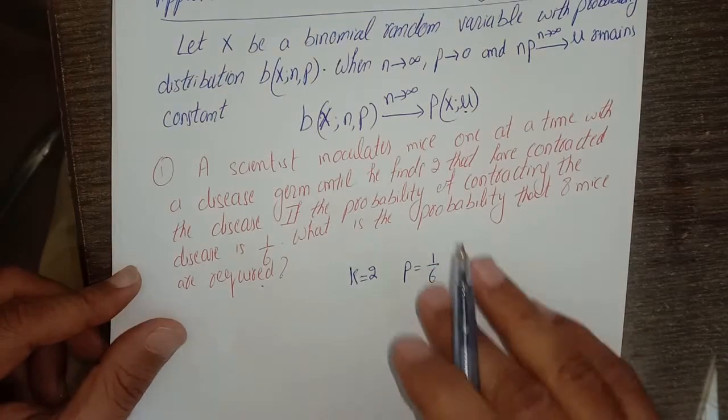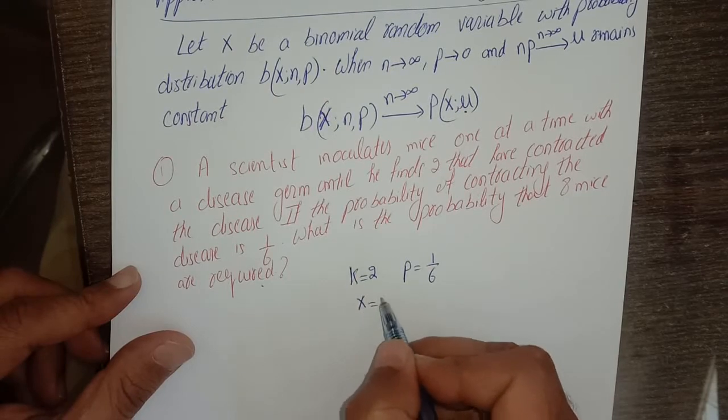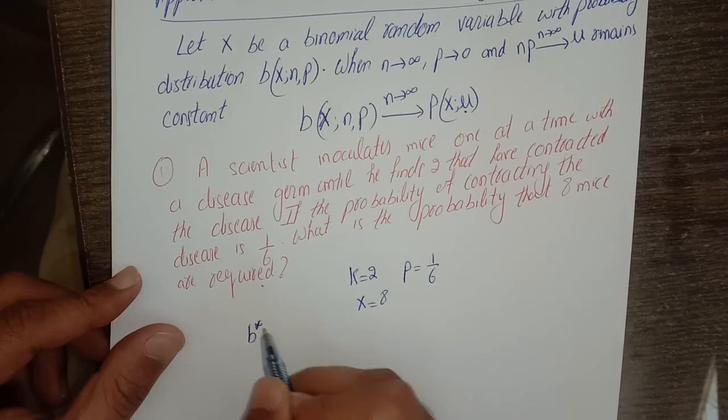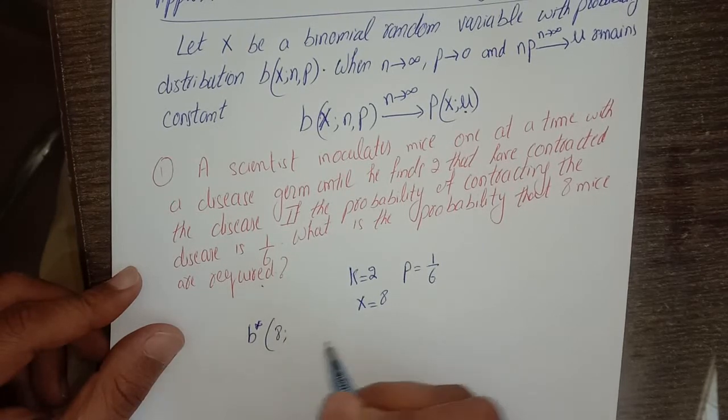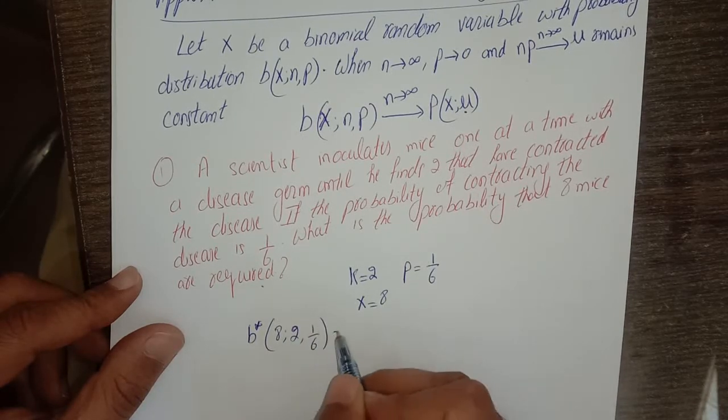So this looks like a negative binomial distribution with x equal to 8. You have to find b star of x is 8, k is 2, and p is 1 by 6.